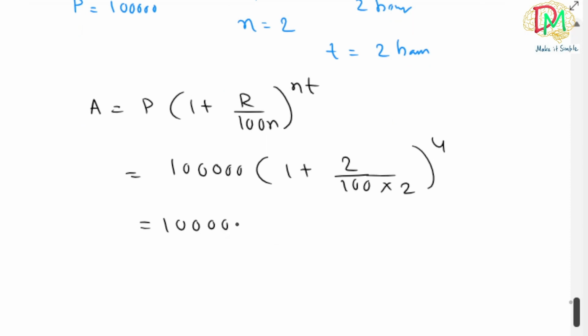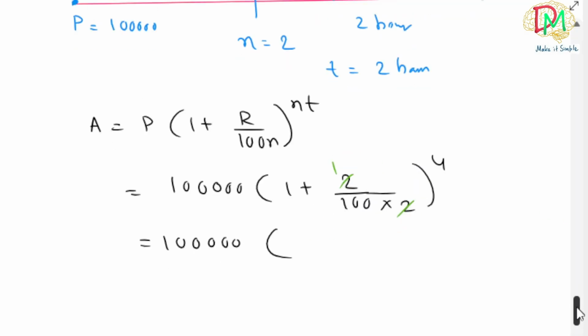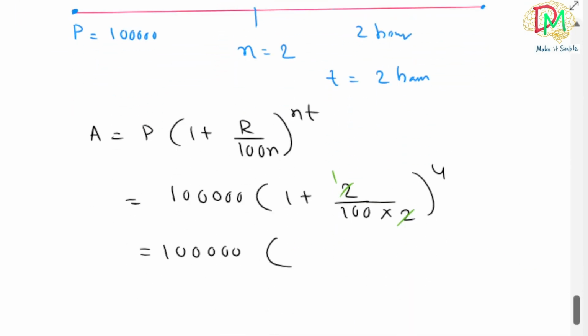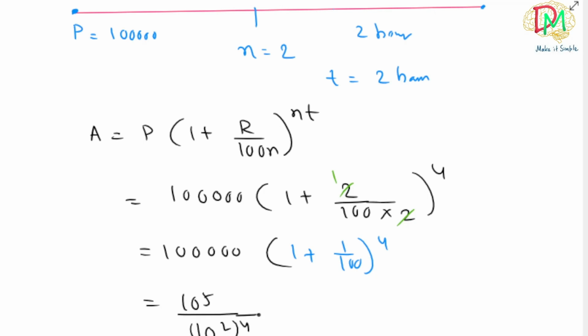1 lakh, 2 to cancel out, it's 1. So it will be what? 1 plus 1 by 100, to the power 4, 10 to the power 5, and here is 10 square to the power 4, and it is 101 to the power 4.